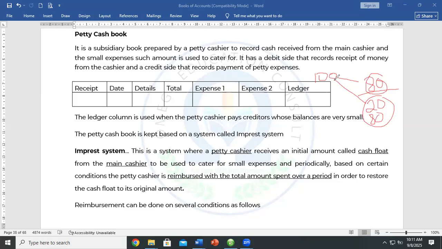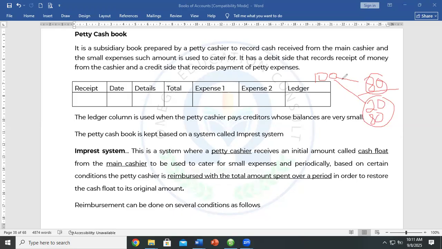Sir, please, what if there is no balance? Of course, if you spend the money and it gets to zero, definitely it cannot go to negative. That is not a possibility, because it's money that you have in your hands. At best, you spend and it will be zero. So if it's zero, then you are definitely going to be reimbursed how much?